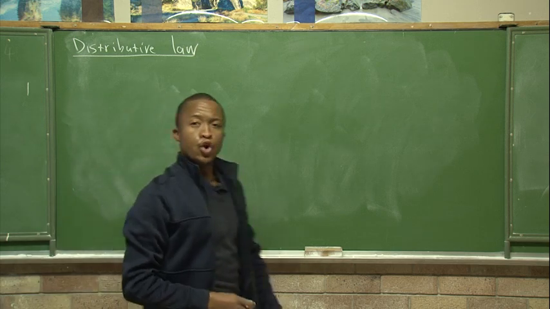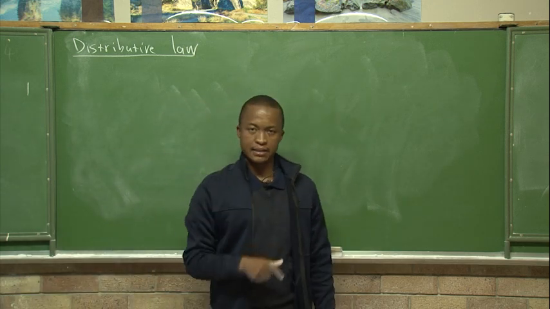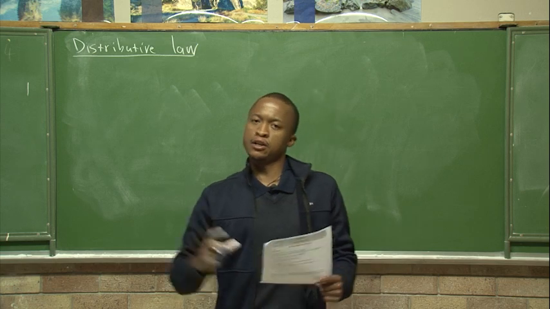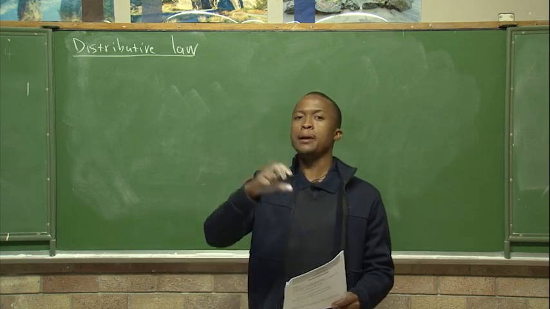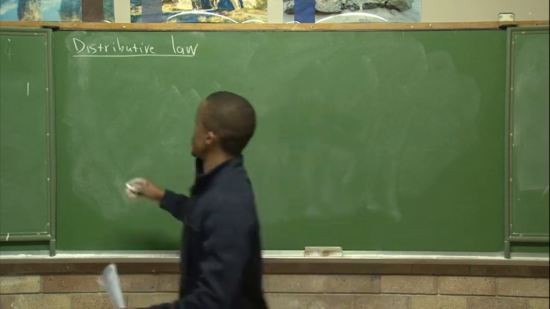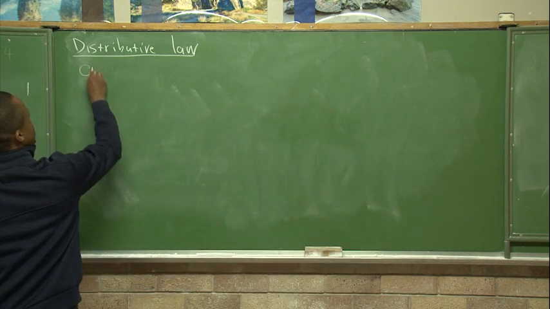Now, the distributive law in algebra was taught in grade 8. But in grade 9, we take it a little bit further because we're going to introduce the product of a binomial by a binomial. So the distributive law says the following.